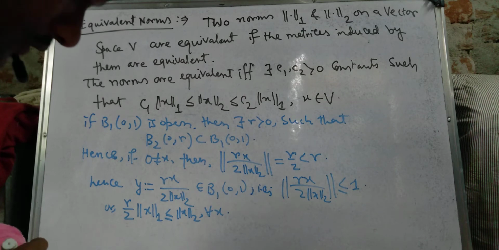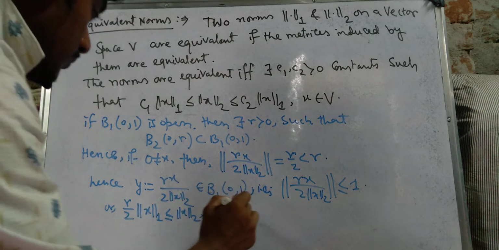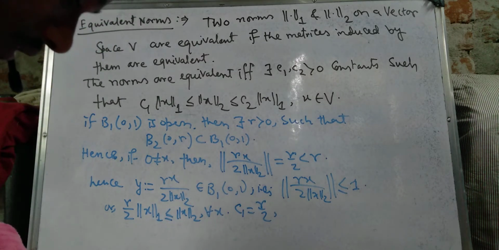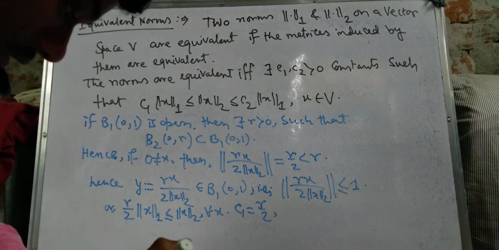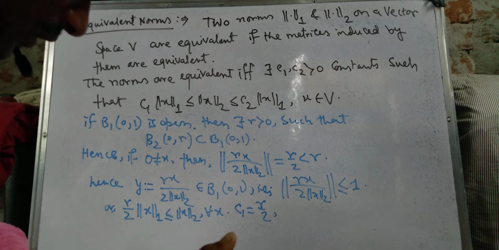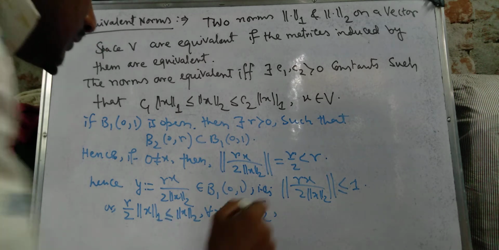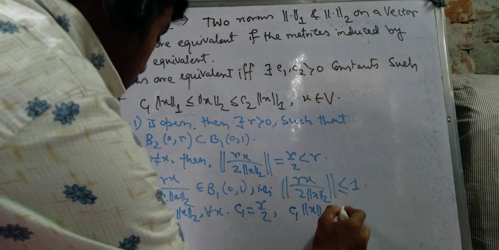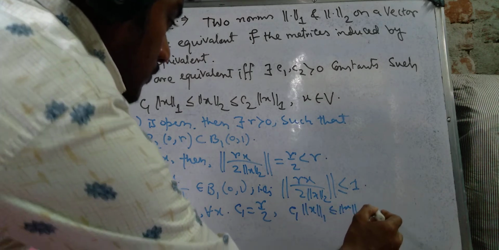Thus we may take C1 equal to R by 2, and with this argument we see that C1 norm x1 is less than or equal to norm x2.